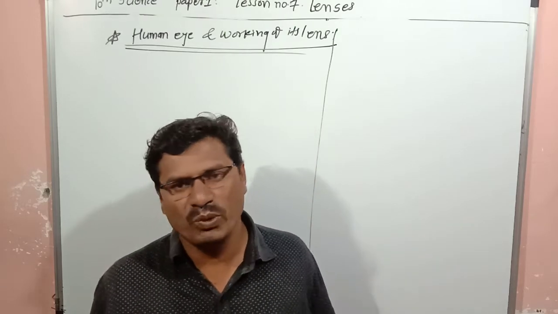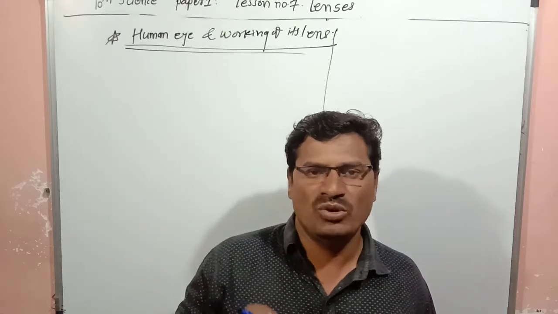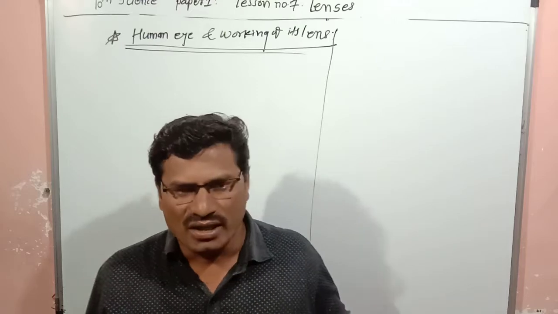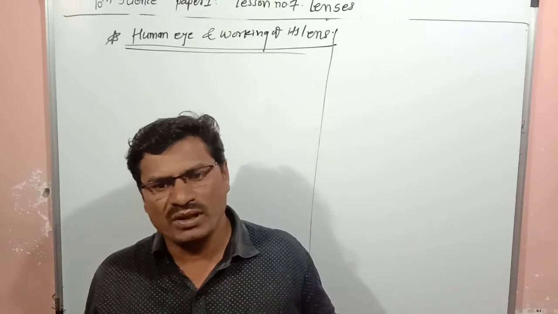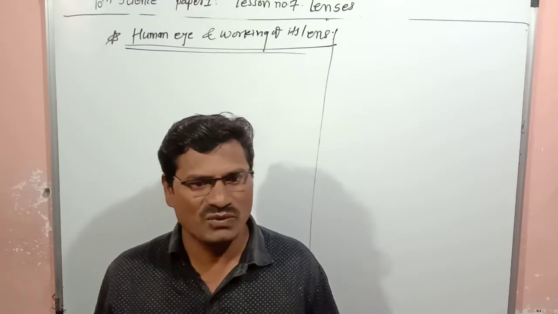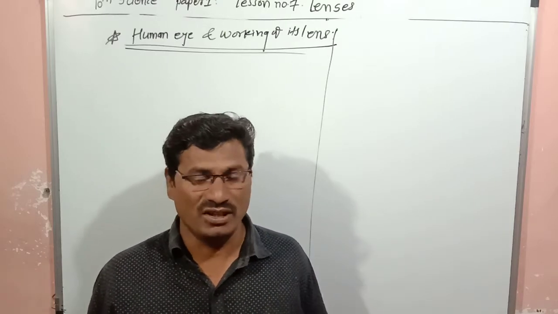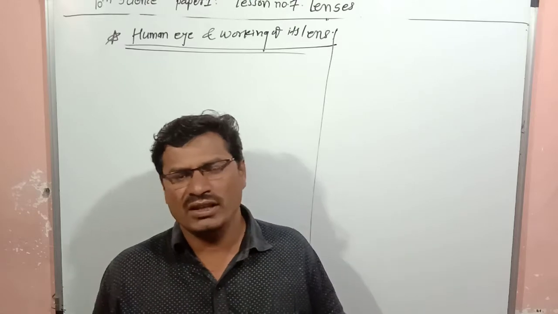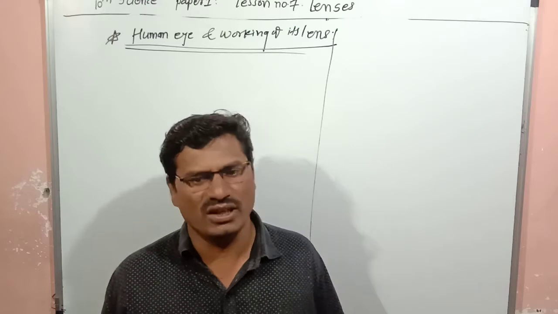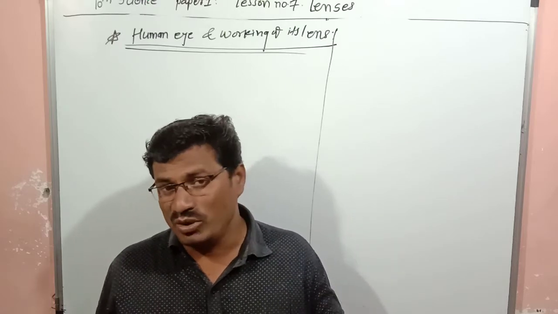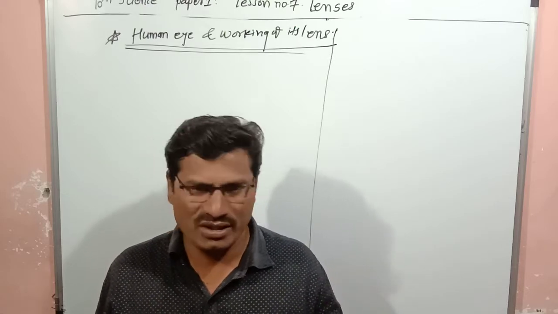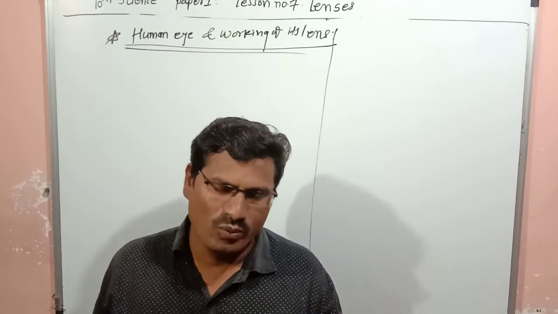If the light is bright, it contracts. If the light is dim, it widens or expands. So the amount of light entering the human eye is controlled with the help of the pupil.